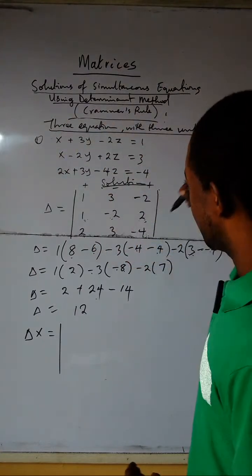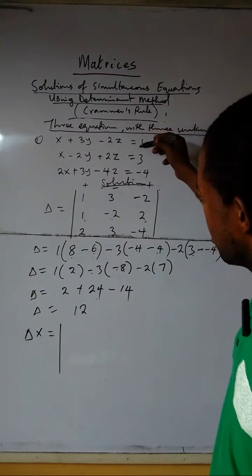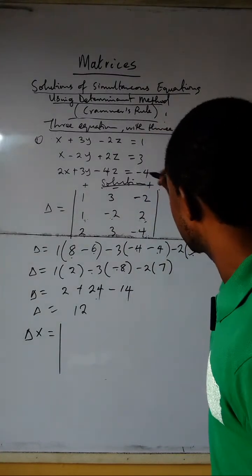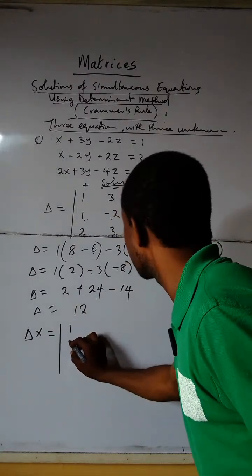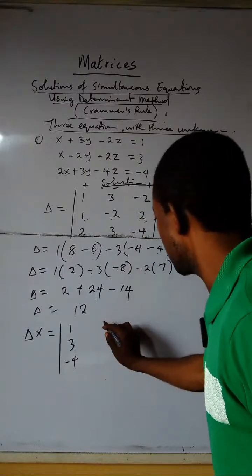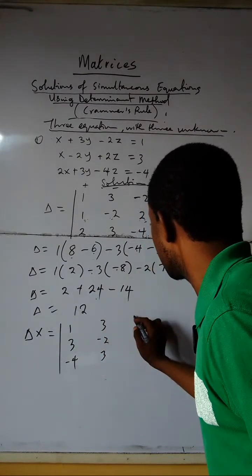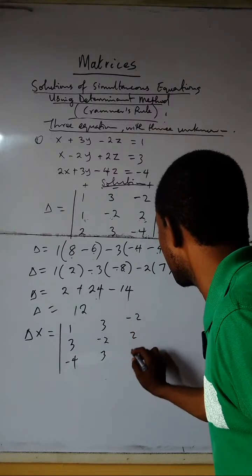Then you replace it with the constants on the right hand side. So here, the constants on the right hand side are 1, 3, minus 4. Then you can write the other two columns, which are 3, minus 2, 3, then minus 2, 2, minus 4.